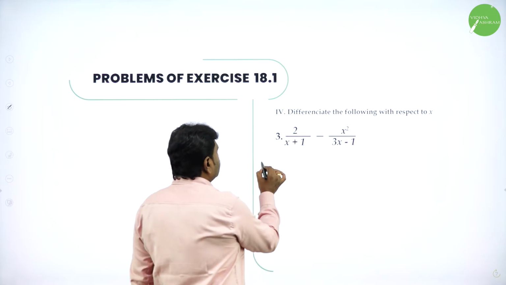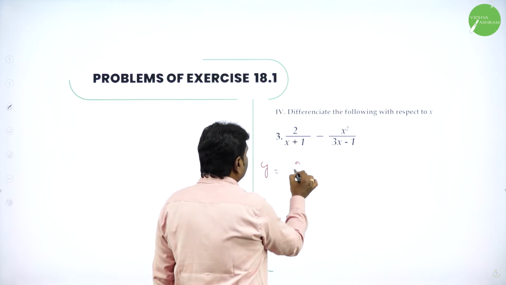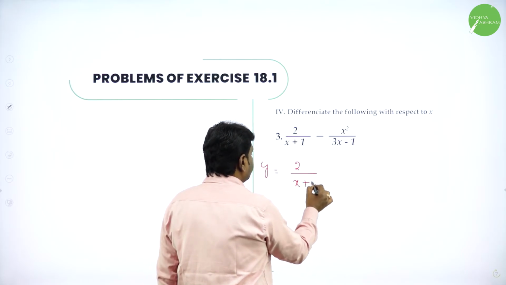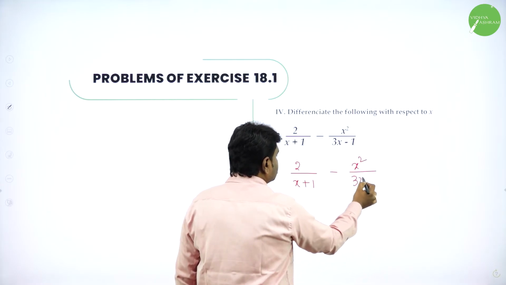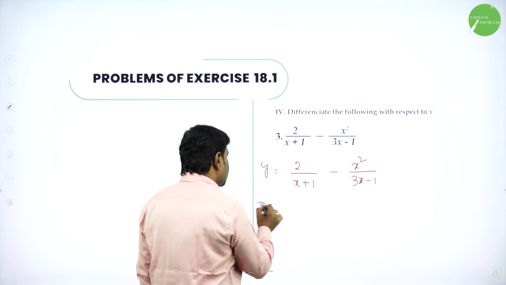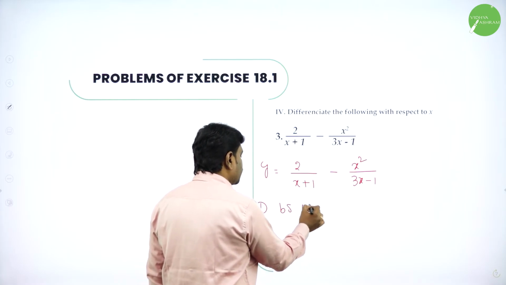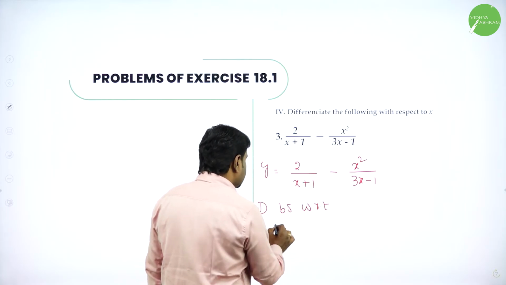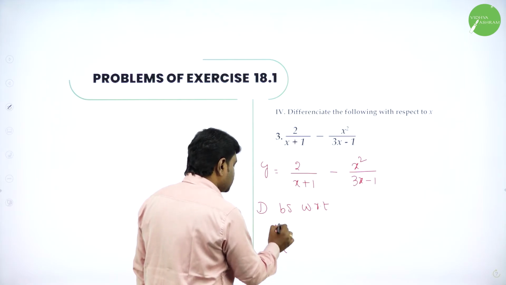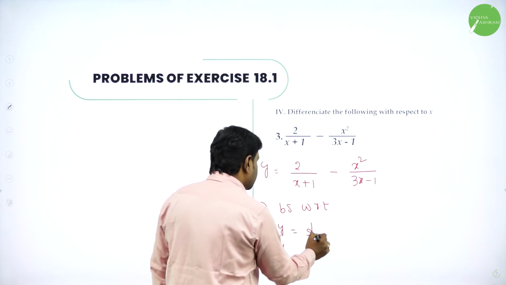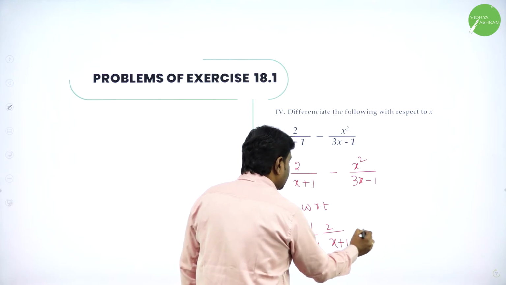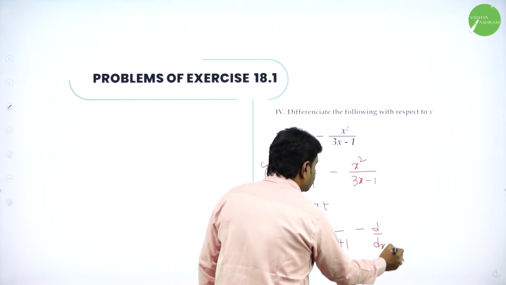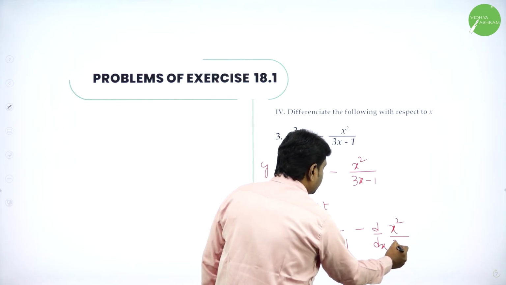So now we will take y is equal to 2 divided by x plus 1 minus x square divided by 3x minus 1. Now differentiate both the sides with respect to x. LHS becomes d by dx of y is equal to d by dx of 2 divided by x plus 1 minus d by dx of second term, that is x square divided by 3x minus 1.